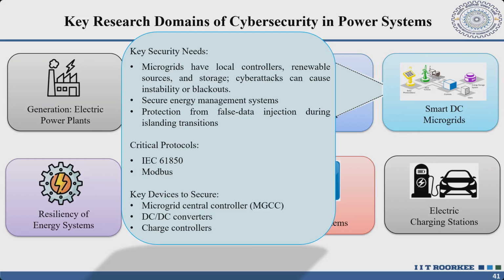So we do not know that the data has been manipulated. And the key devices we need to secure are the microgrid controllers, central plus local controllers, DC to DC converters, and the charge controllers. So this comes under the microgrid part.